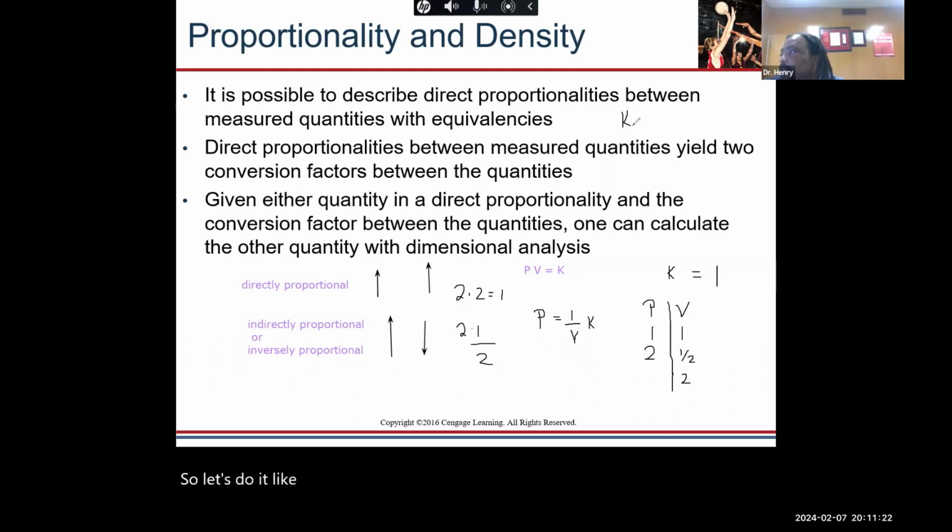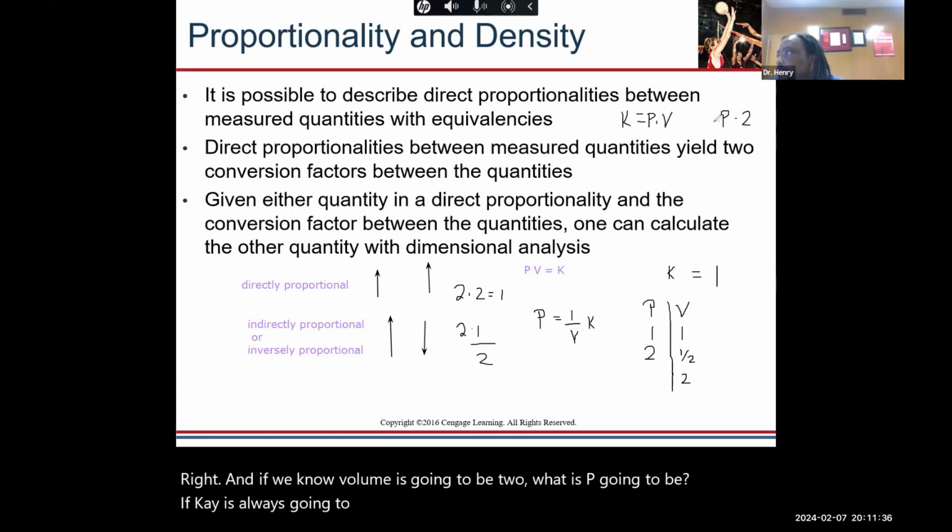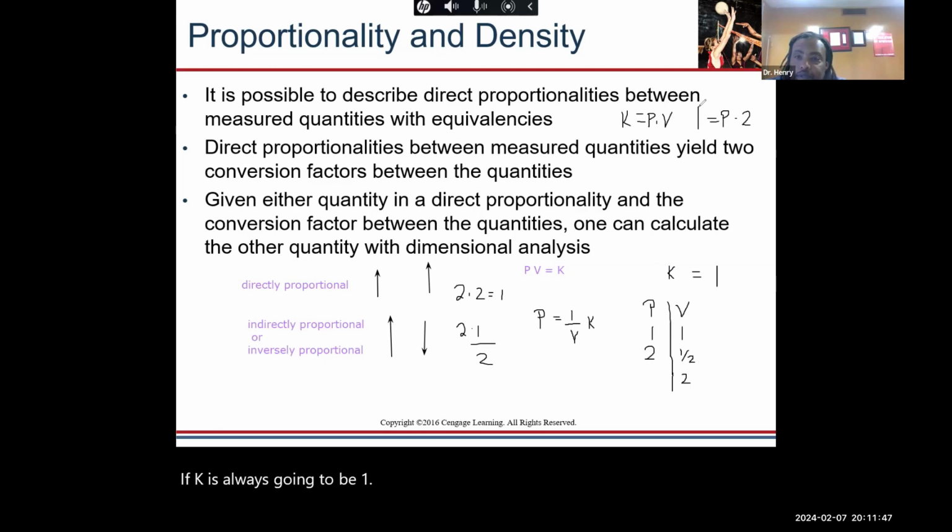We know that K is equal to P times V, and if volume is 2, what is P going to be if K is always 1?